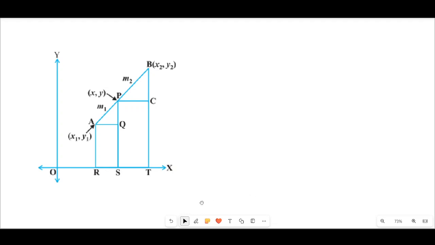If we have studied the previous chapter, the similarity, triangle similarity, then we are able to find out the section ratio M1 by M2. And there are many ways to find out the solution.